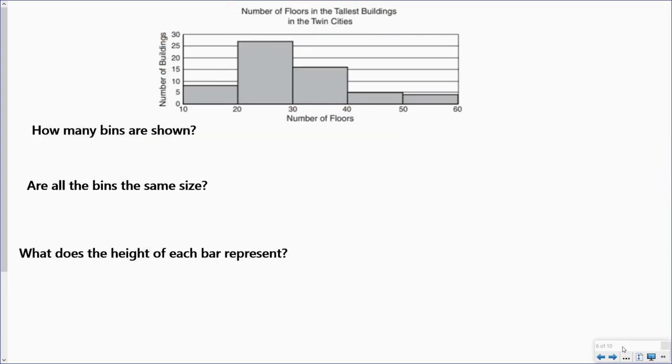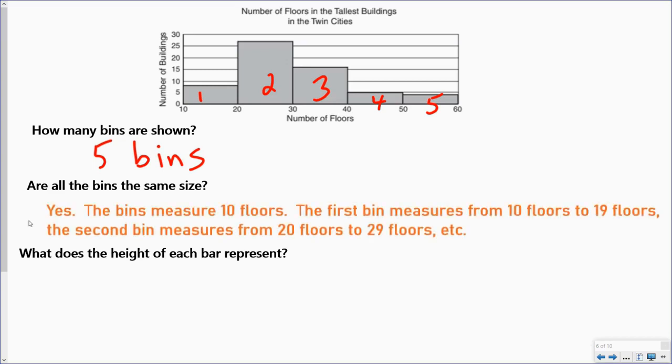Still looking at the same histogram, how many bins are shown? Well, there's 1, 2, 3, 4, 5 bins. Are all of the bins the same size? Yes, they're all the same size and they measure 10 floors.